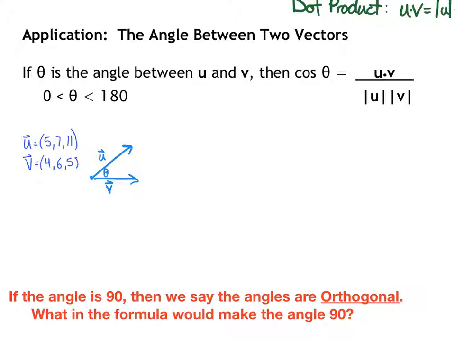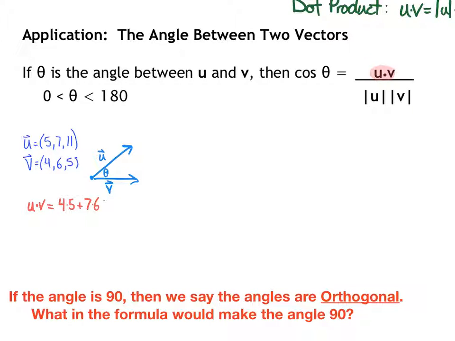Alright? So, the first thing I need to do is find all 3 parts of our formula. First of all, I need to find this dot product. So u dot v is going to equal, and who remembers how we do this? 5 times 4, plus 7 times 6.